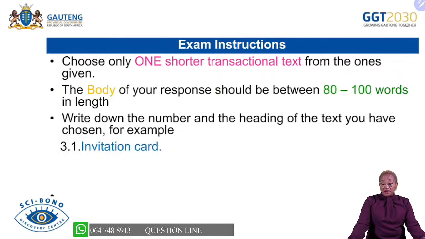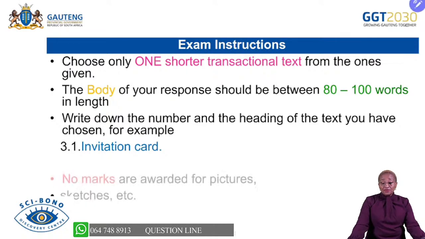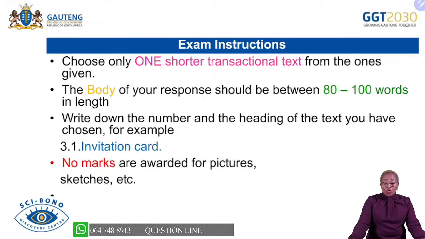Write down the number and the heading of the text you have chosen. For example, 3.1, invitation card. No marks are awarded for pictures and sketches. Please note that most candidates in this section are tempted to give illustrations, sketches, and drawings. Remember that you will not be awarded any marks for that.